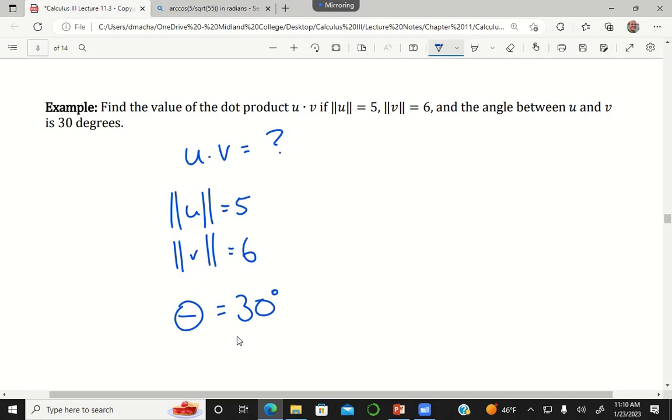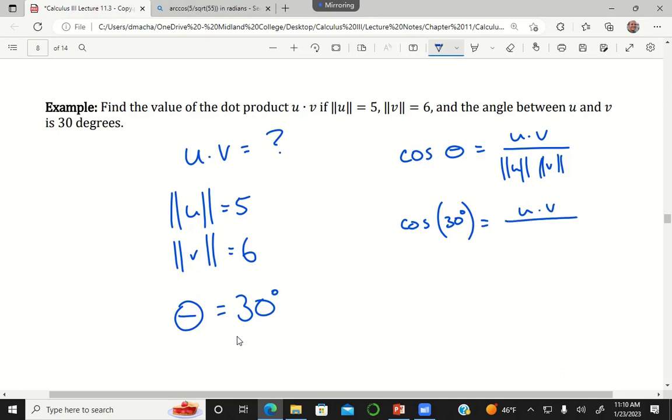So again, we have this little formula memorized that says cosine theta is equal to u dot v over norm u times norm v. So that means cosine of 30 degrees is equal to u dot v over 5 times 6.